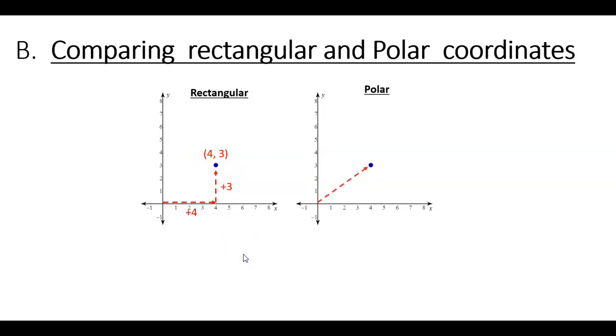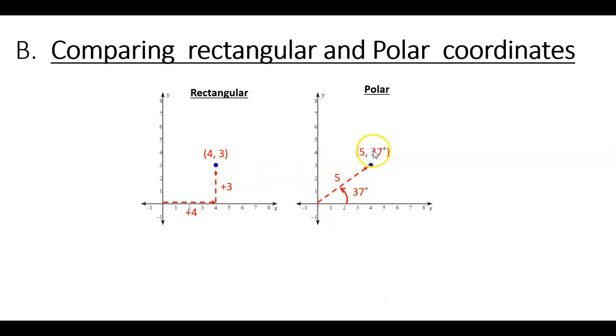Now, with polar coordinates, though, instead of going over and up, we just think how far is it away from the origin. So let's say that's 5 spaces away from the origin. And we also can talk about how far that imaginary line there is rotated from the positive x-axis. So let's say that's about 37 degrees. Either way, you're getting the same point. You're just describing how to get there in different ways.